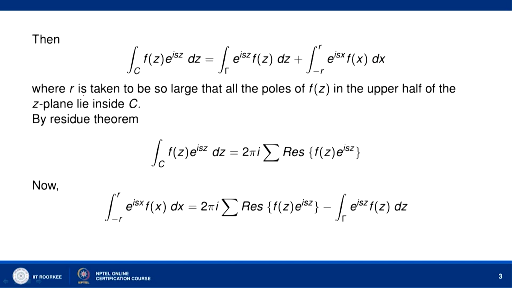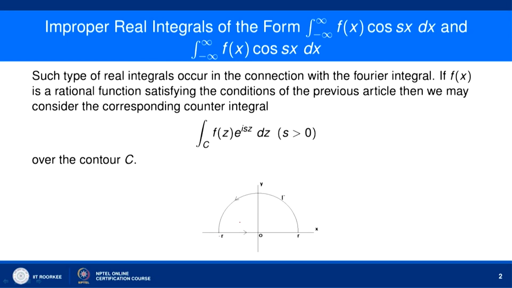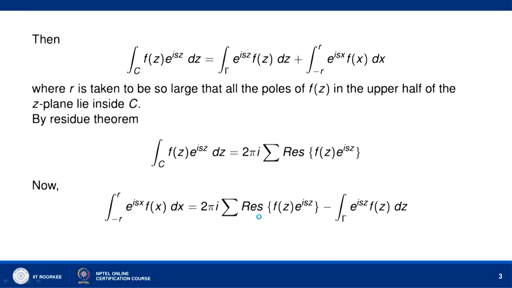Now, because r is at our choice, the radius of the semicircle is at our choice, let us choose r to be so large that all the poles of f(z) which lie in the upper half plane come within the contour C. So, C encloses all the poles of f(z) that lie in the upper half plane.